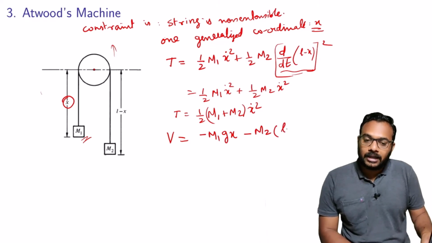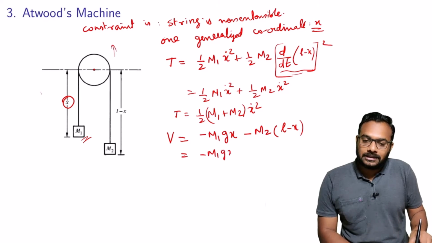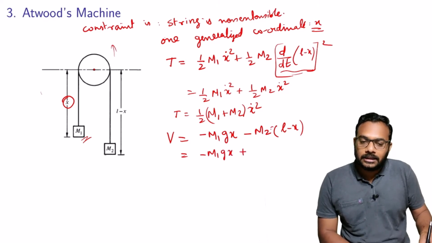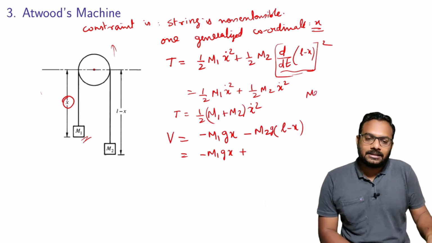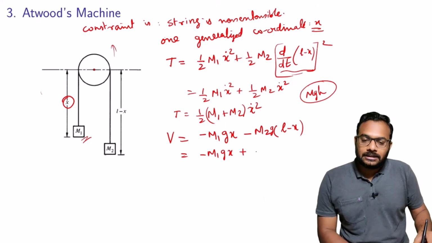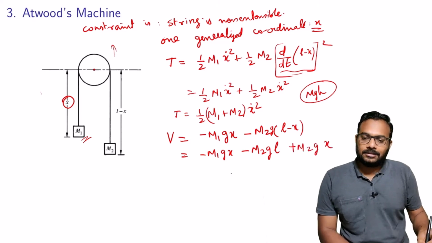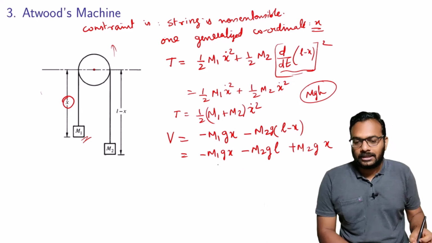It's L minus x. Or I can write it as minus m1 gx plus, there's a g here, right, because mgh is the potential energy, you know that. So this is minus m2 gL plus m2 gx. Okay, that's the potential energy.